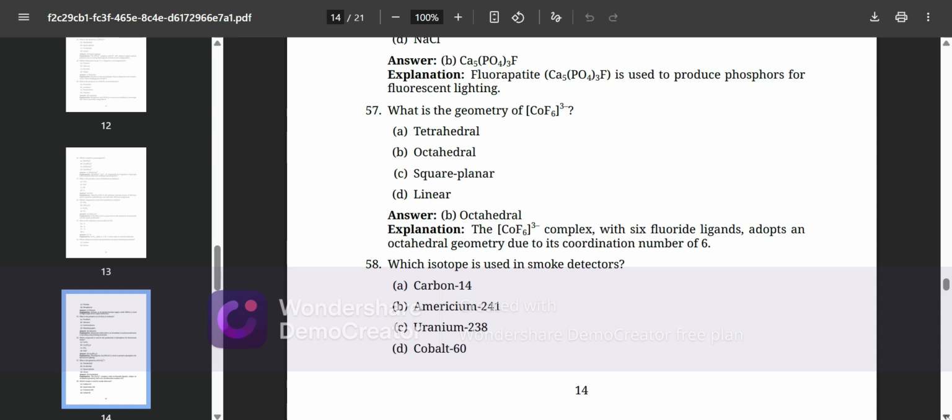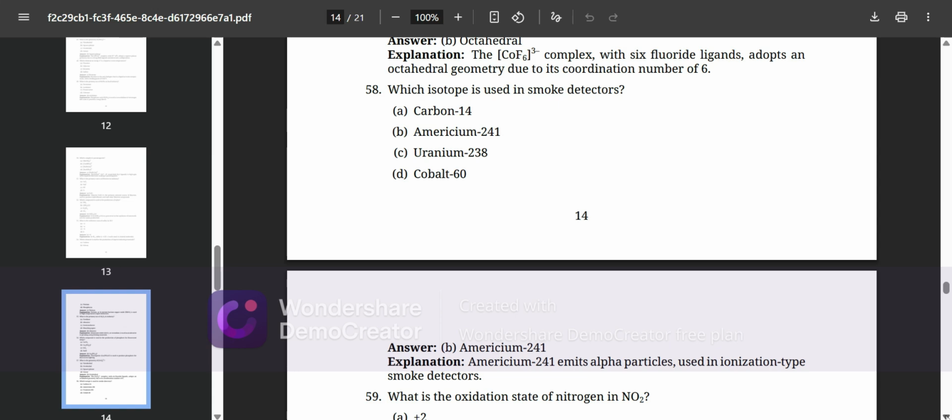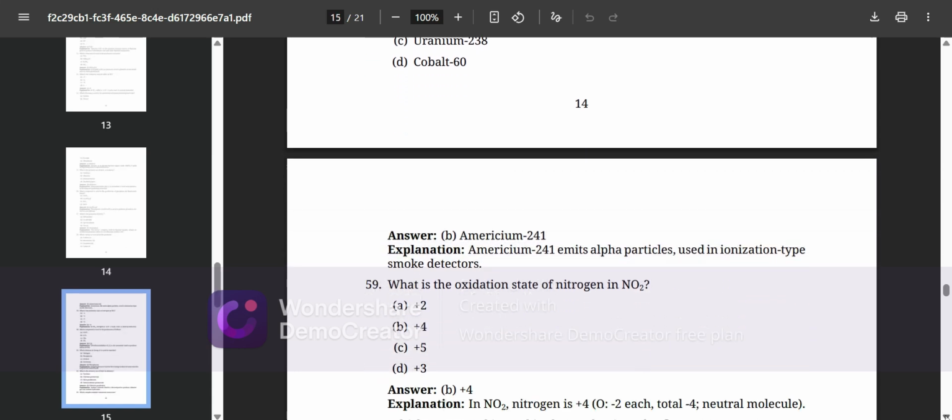Octahedral. The [CoF6]3- complex with 6 fluoride ligands adopts an octahedral geometry due to its coordination number of 6. Which isotope is used in smoke detectors? Americium-241. Americium-241 emits alpha particles used in ionization type smoke detectors.